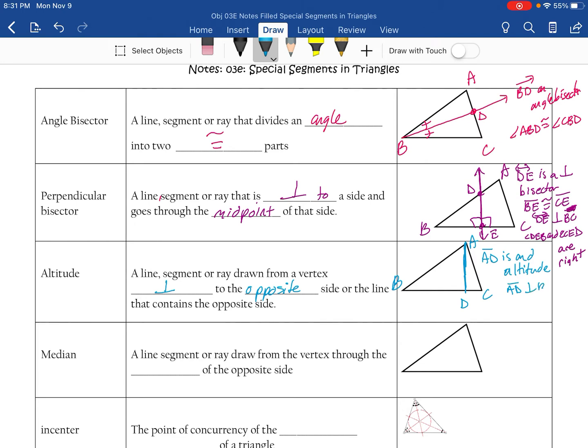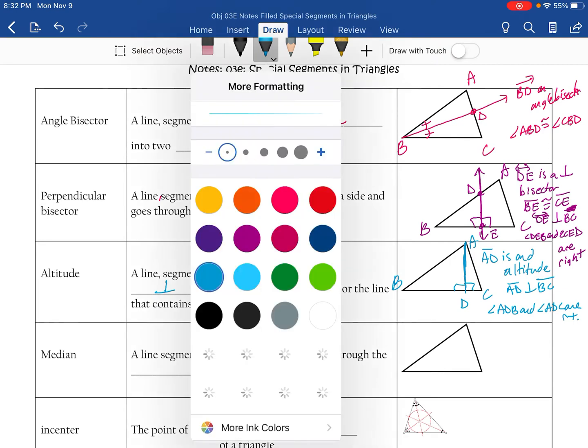You know that AD is perpendicular to BC because it's perpendicular to the opposite side. You also know angle ADB and angle ADC are right. Okay, so you know that they are both right angles. So I'm just giving you this information so you can look up this vocabulary and remember, okay, this is what I can say from this information.